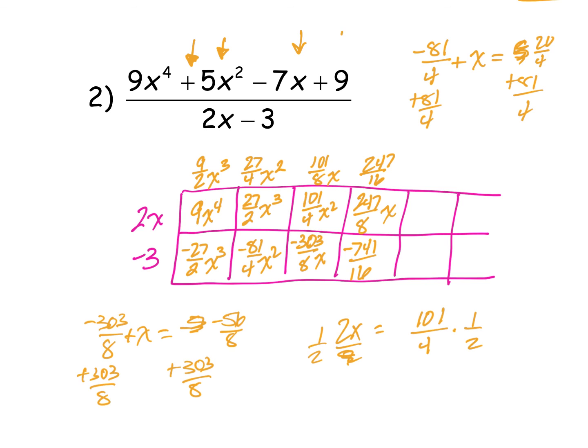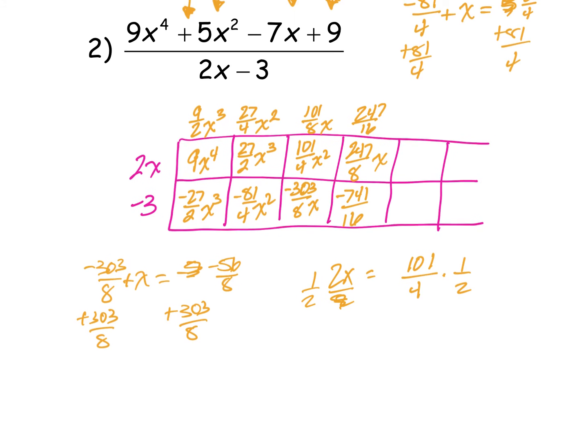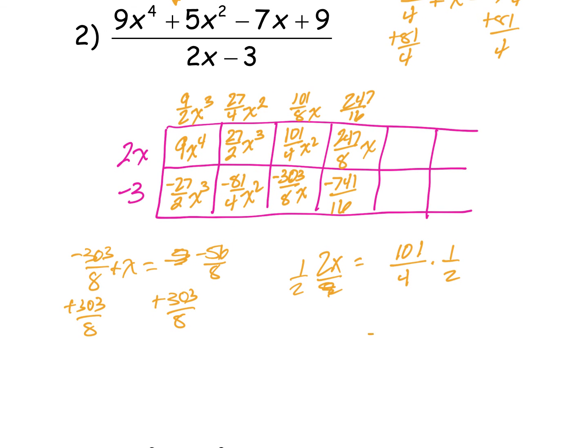And the last one we have to add is, what do I add to negative 741 sixteenths to equal 9? 16 times 9 is 144. So this is 144 over 16 plus 741 over 16. 885 over 16. So there's my answer.